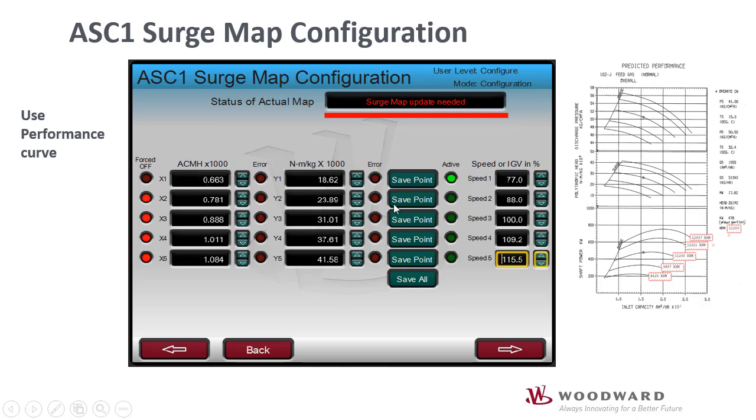Once you have entered that, then you enter your speed percentage. Remember, we said that the rated point, which is this one, is considered 100%. So this speed point is 100%, and the rest are calibrated based upon that. Once you enter all points over here, then you press save all.